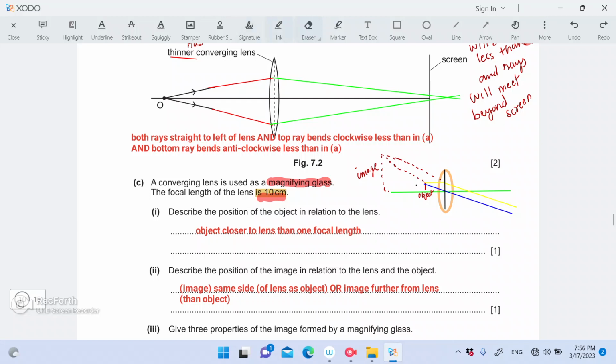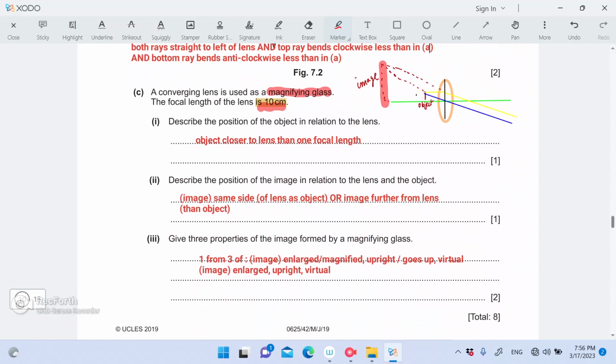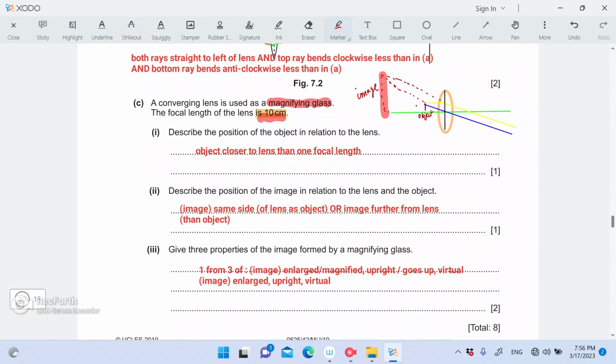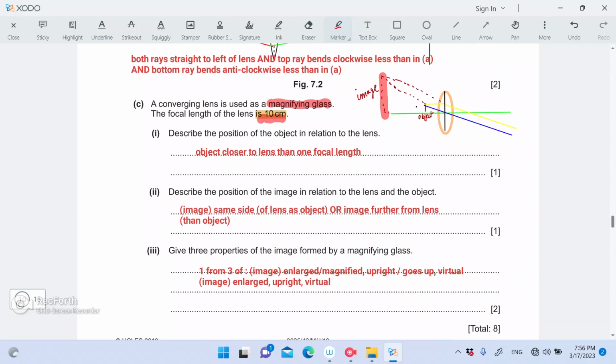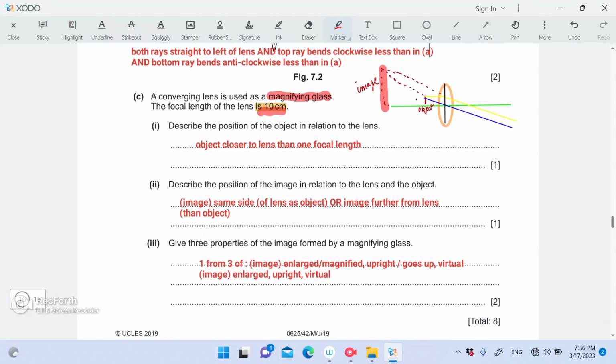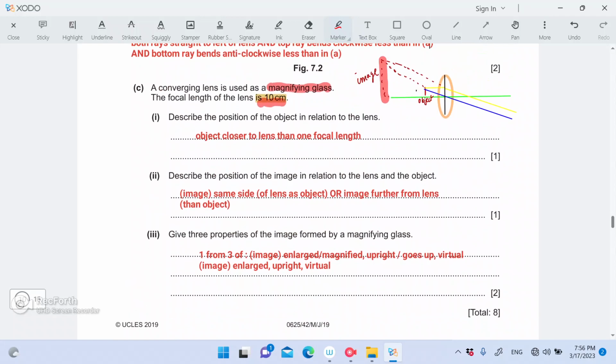You can see this is the image, which is on the same side as the object. Now they are saying give their properties. What properties have we learned? It will be erect and enlarged. Also you can write virtual.